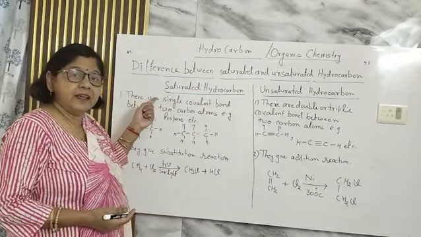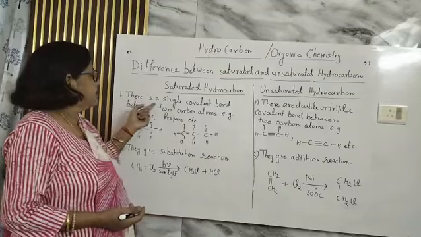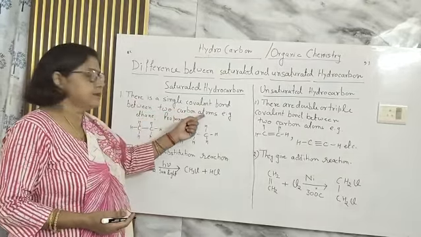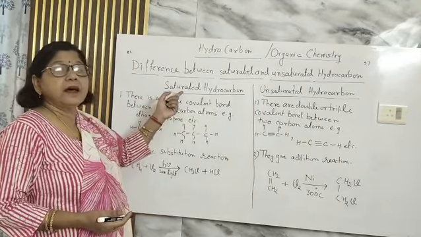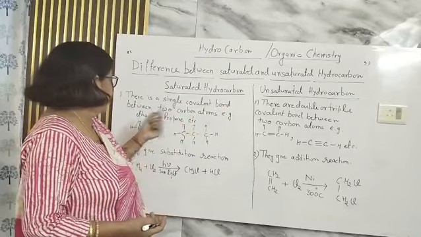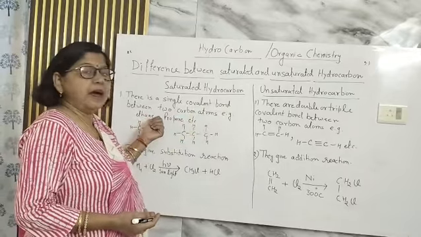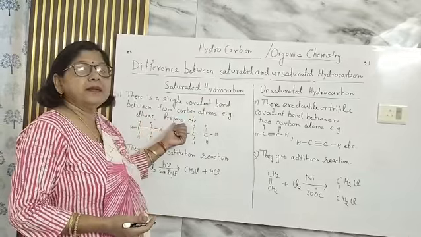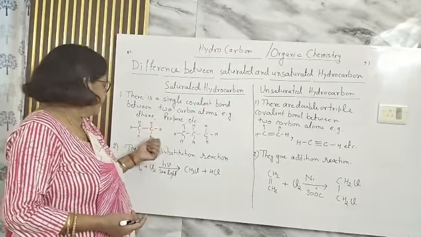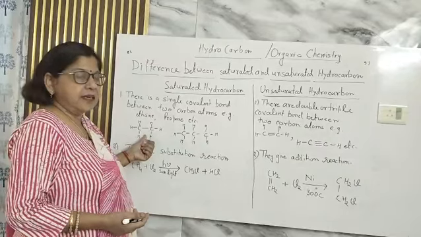So the very first difference is that in saturated hydrocarbons there is a single covalent bond between the two carbon atoms. For example, ethane, then propane, etc. Just see the structure of these compounds. This is ethane.